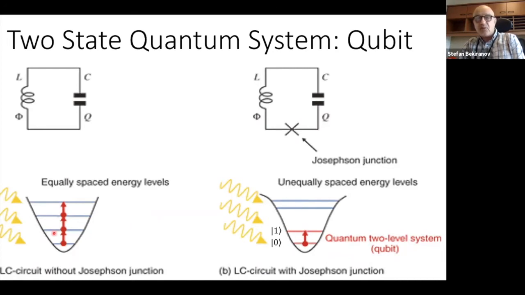If in this situation on the left, I wouldn't know which quantum state I'm in if I keep zapping it up to higher energy levels. I could get up to very high N, and then I don't really have a perfectly controllable system.